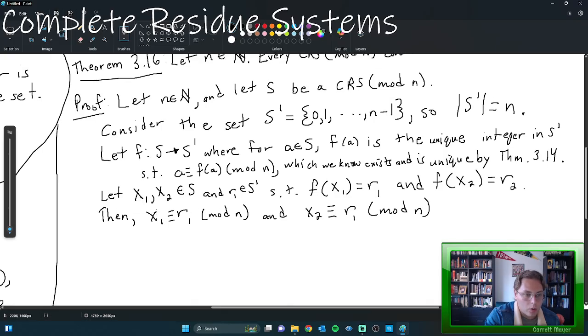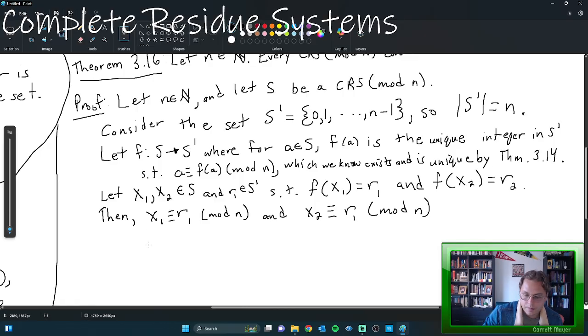So really the only option is that these are the same number, because otherwise you would have one number that is congruent to two different integers in a complete residue system, which means it's not a complete residue system.